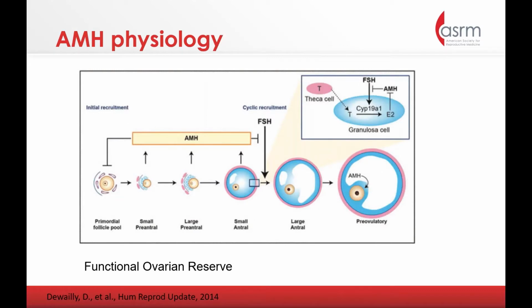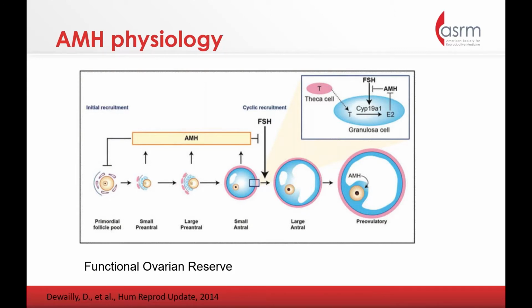This may be due to the fact that AMH more adequately describes the functional ovarian reserve. AMH is produced not by the primordial follicle pool, but instead by the primary, secondary, and small antral follicles.